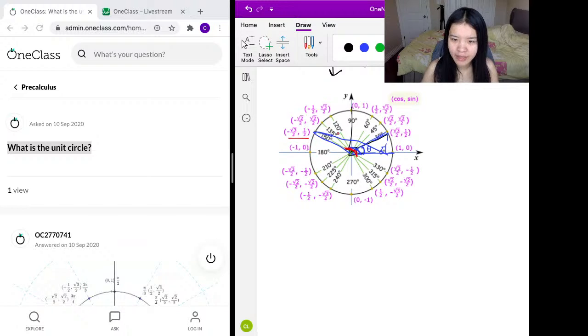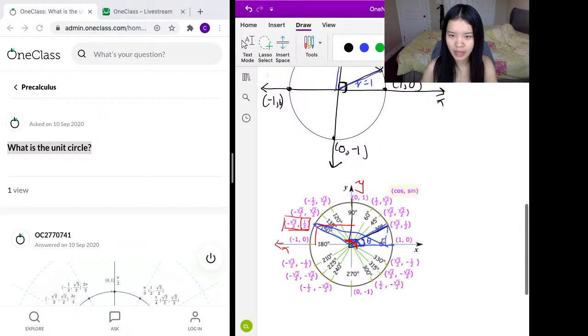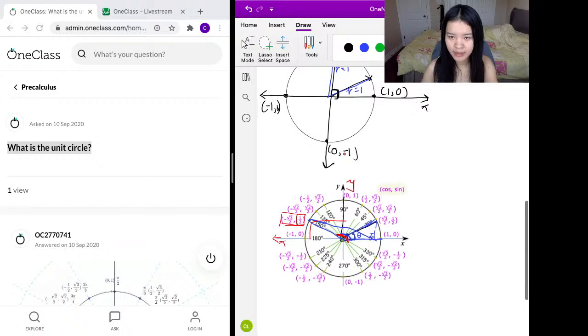Notice that on this part of the circle x is negative and y is positive, so the cosine value would be negative because the cosine value is the x value, and the sine value would be positive because the sine value is the y value.